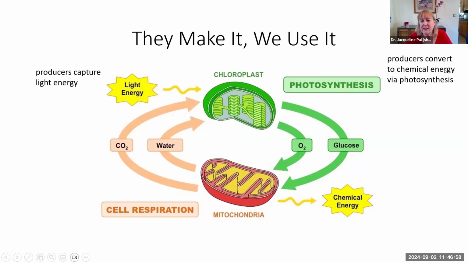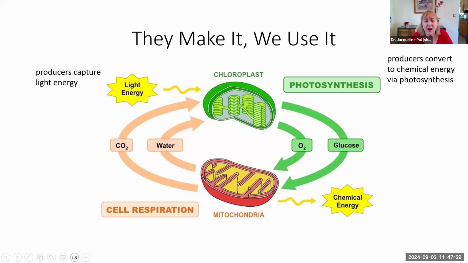And in photosynthesis, they're going to convert that light energy into chemical energy, and then use that chemical energy to make the bonds to create their glucose. And they're going to have a waste product of oxygen, which they're going to release into the atmosphere. And then as consumers, we're going to breathe in the oxygen and we are going to eat the glucose.